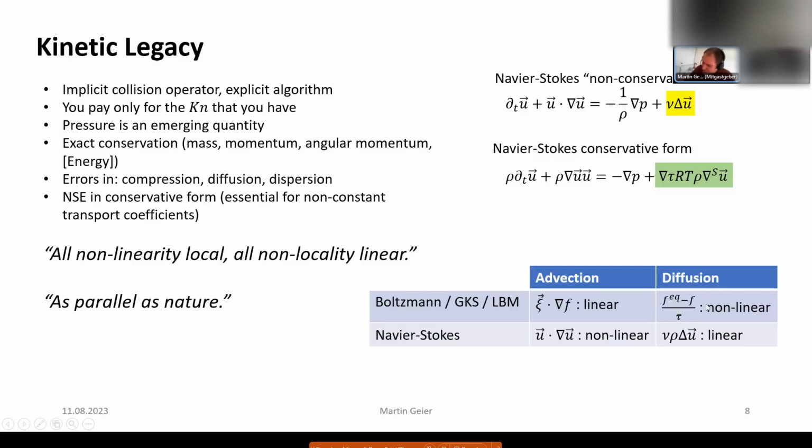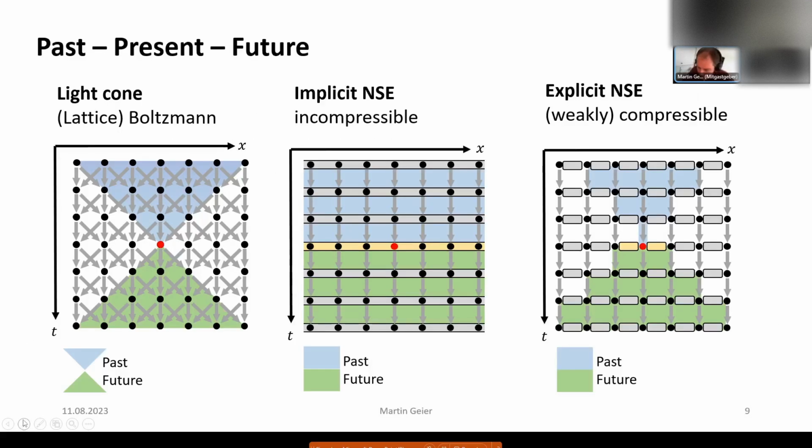So the diffusion is here nonlinear, while in Navier-Stokes it is linear, and advection is linear. So this leads to all nonlinearity being local and all non-locality being linear, and the entire thing is as parallel as nature.